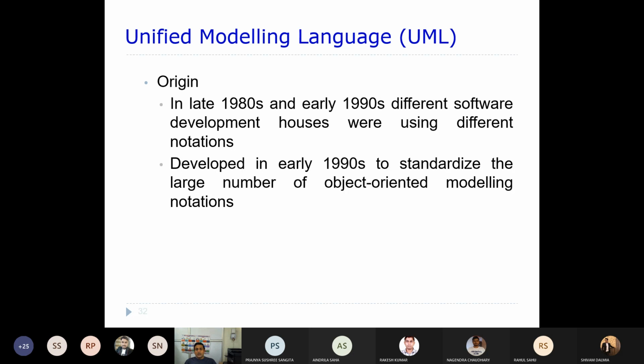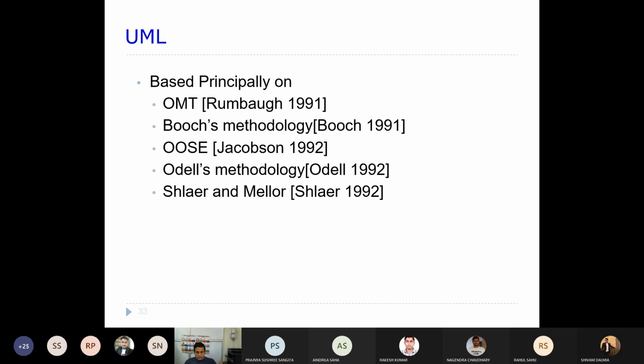These are all different object-oriented modeling notations, right? Now, basically, you can find many of these notations in these books. Maybe one is the Object Modeling Technique by Rumbaugh, in the year 1991.